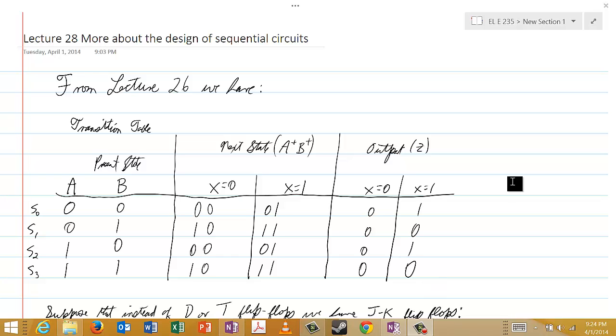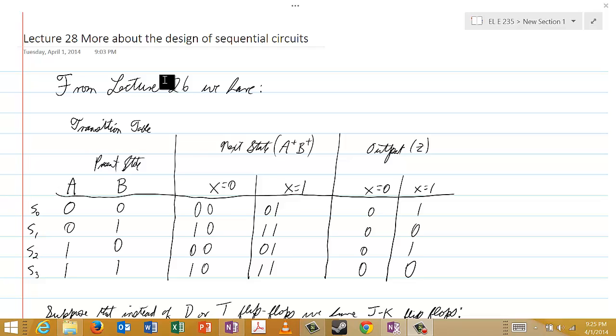Welcome to Lecture 28, where we will continue to talk about the design of sequential circuits. Now, you will recall that in Lecture 26, we had the goal of designing a sequential circuit that would output a 1 when the last input and the present input were the pair 0, 1, but would output a 0 at all other times.